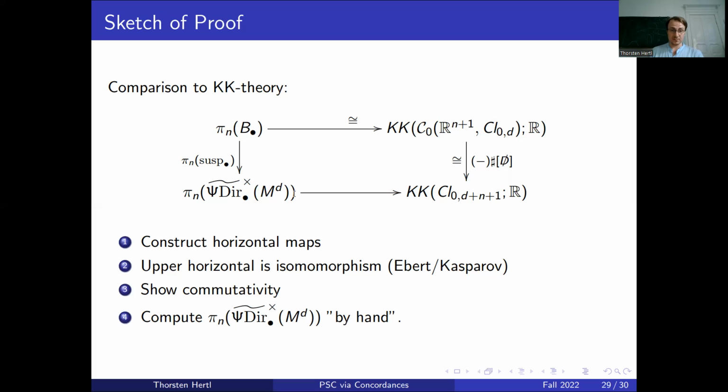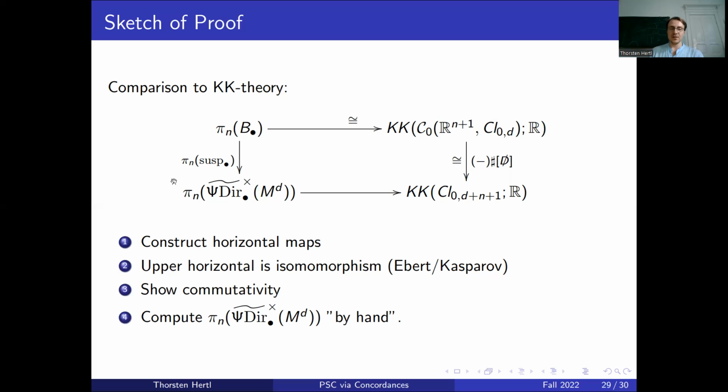So the remaining tasks are now the following four ones. First, we need to construct the lower horizontal map, which is kind of analogous to the upper horizontal map. Then we need to show that this diagram in fact commutes. This involves the calculation of the Kasparov product.